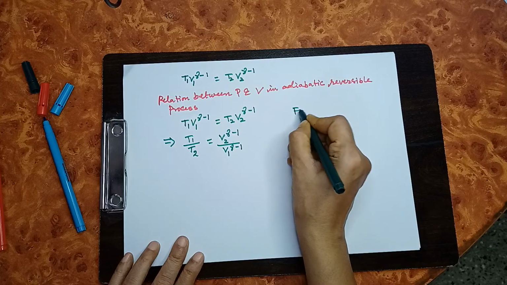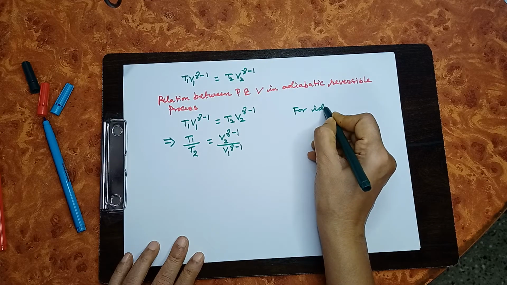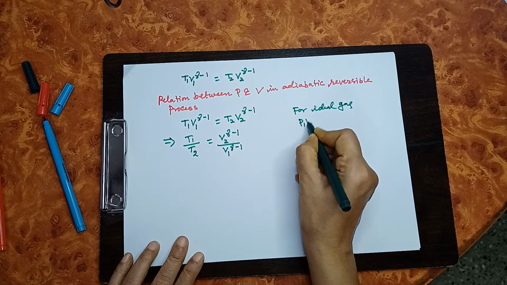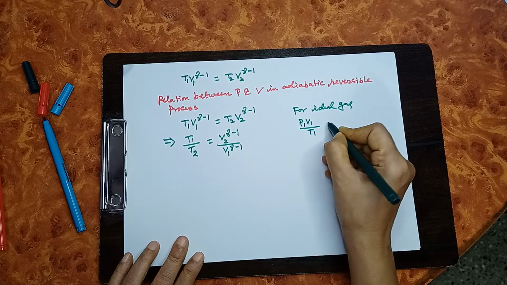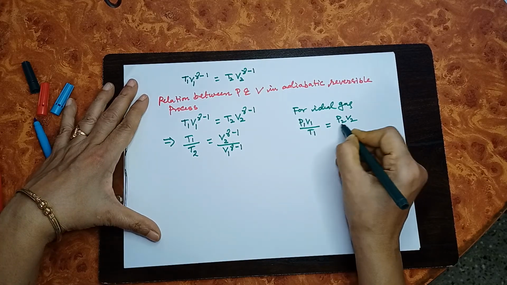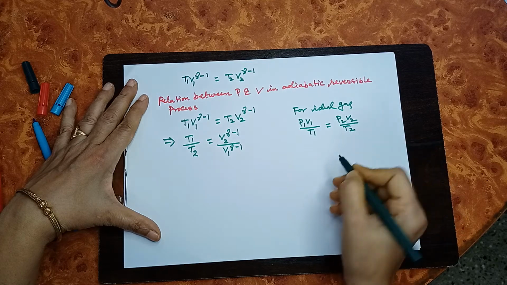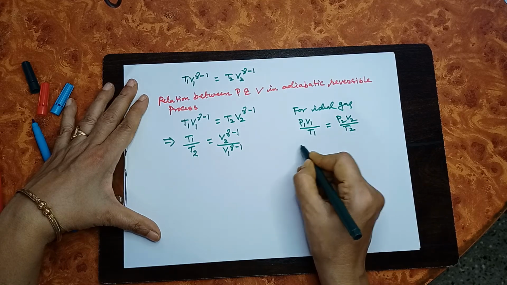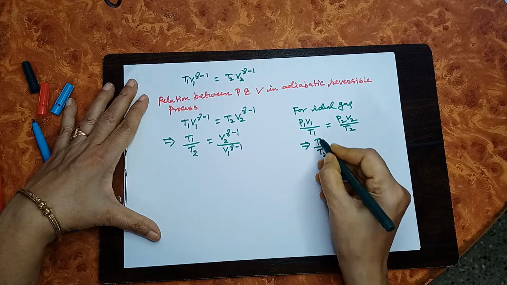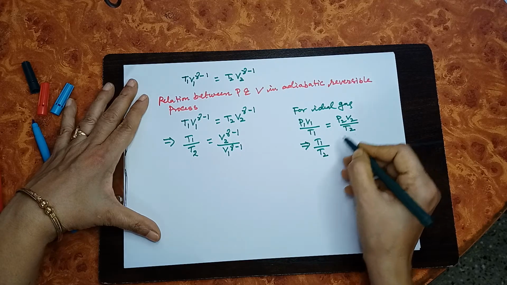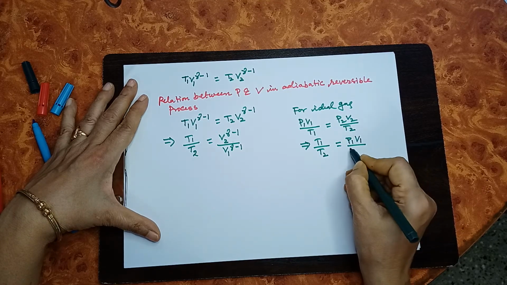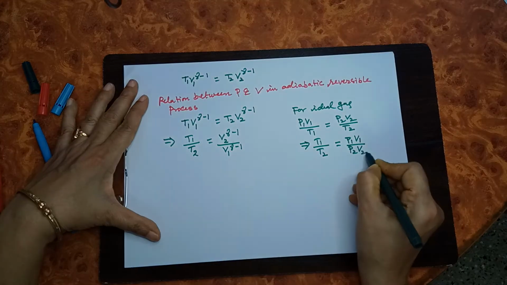Now for ideal gas, we know that P1 V1 by T1 is equal to P2 V2 by T2. So T1 by T2 will be P1 V1 divided by P2 V2.